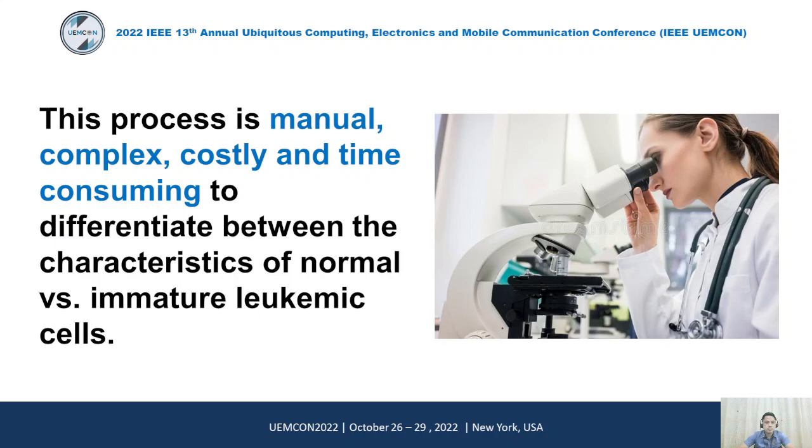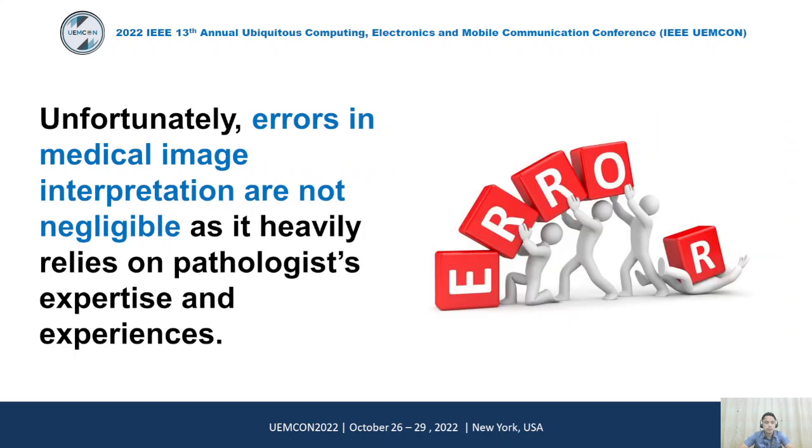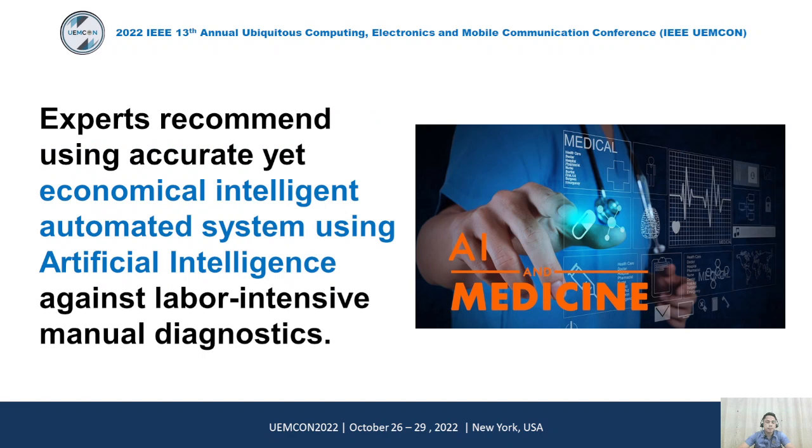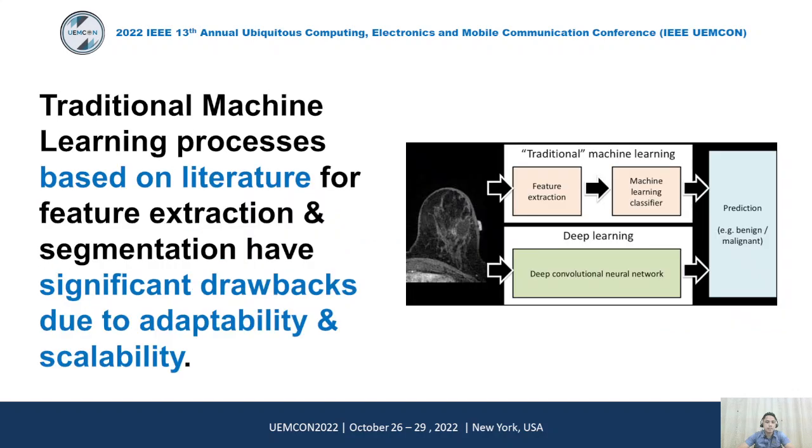This process is manual, complex, costly, and time-consuming to differentiate between the characteristics of normal versus immature leukemic cells. Unfortunately, errors in medical image interpretation are not negligible, as it heavily relies on the pathologist's expertise and experience. So experts recommend using an accurate yet economical, intelligent, automated system using AI against labor-intensive manual diagnostics.